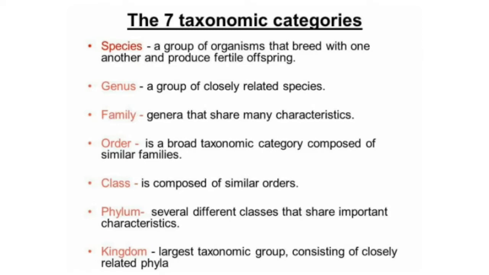For example, genera like Solanum, Petunia and Datura are different names of genera. These all belong to one family, which is Solanaceae. Now, the genus of cats, Felis, and the genus Panthera all belong to one family known as Felidae, the cat family.